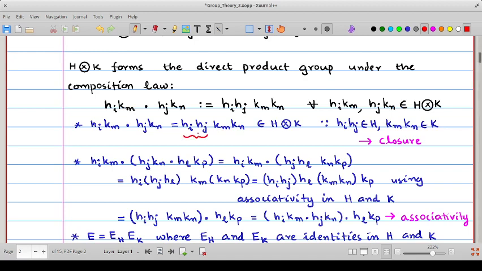But Hi Hj is an element of H and Kn is an element of K. And therefore, this is actually the product of an element of the group H and an element of the group K. And therefore, it is an element of the outer product group H outer product K.